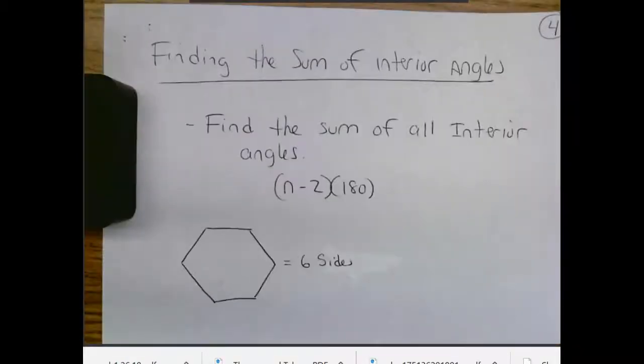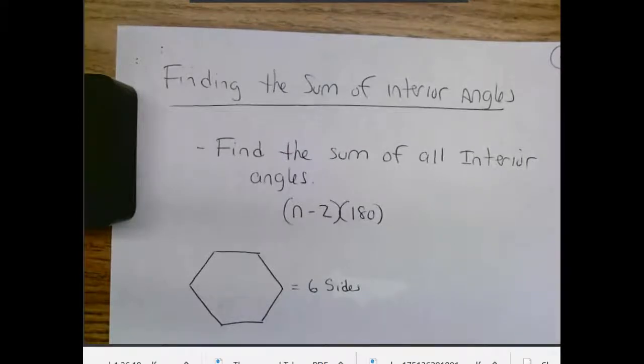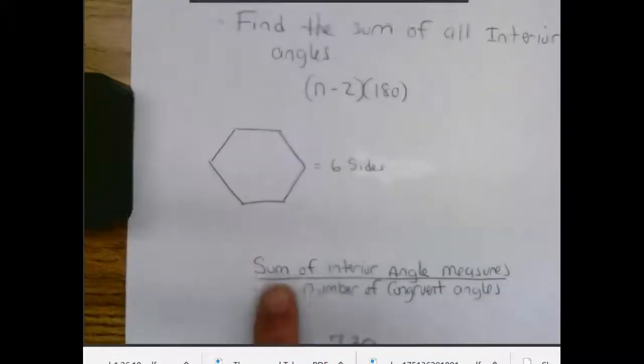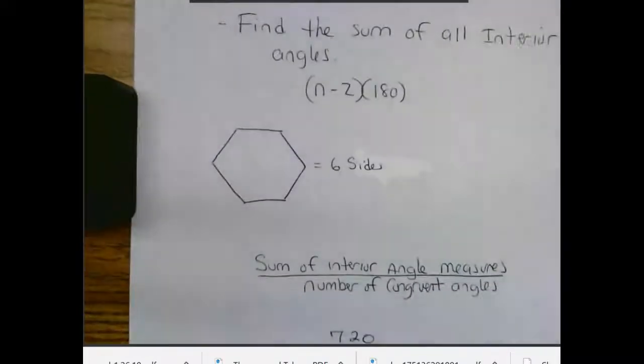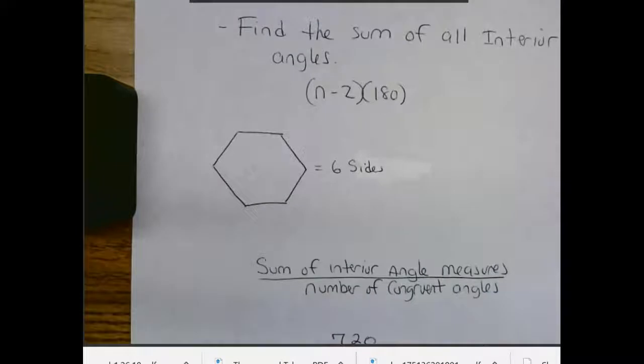So we can also use this interior angle sum. If you have a polygon that has equal angles, you can just use that same formula, n minus 2 times 180, and just plug it in. And down here, here's the equation. So the sum of the interior angle measures divided by the number of congruent angles. So if these sides are all congruent, that means the angles are congruent.